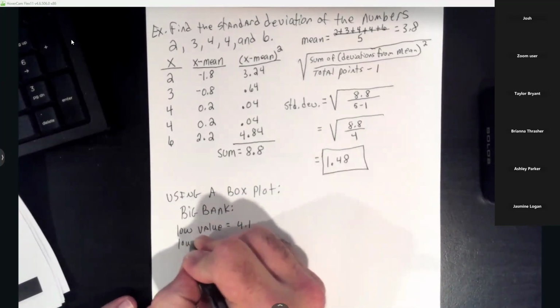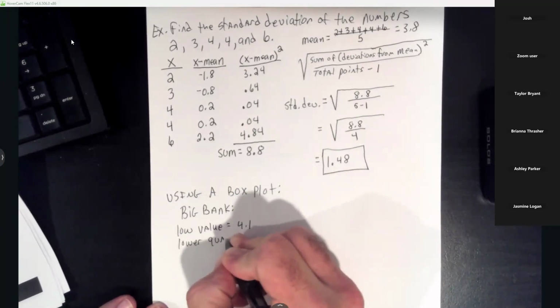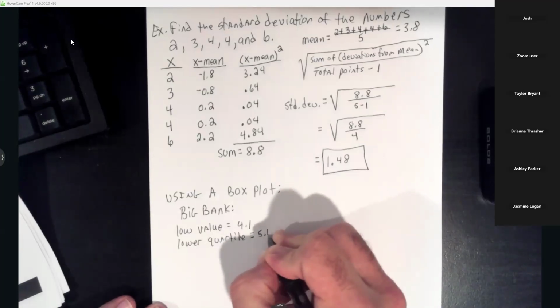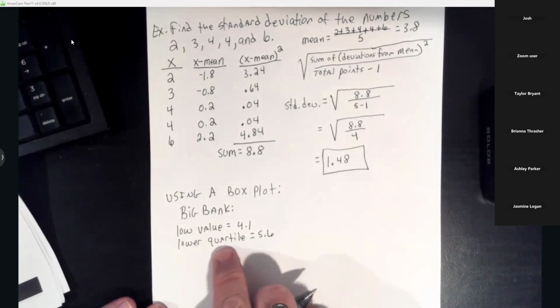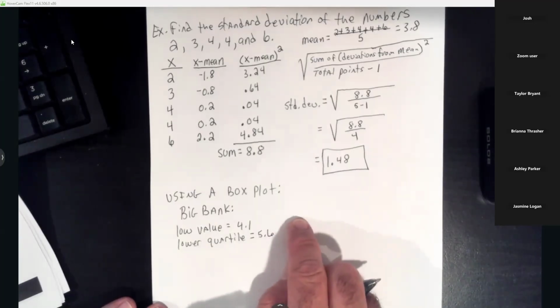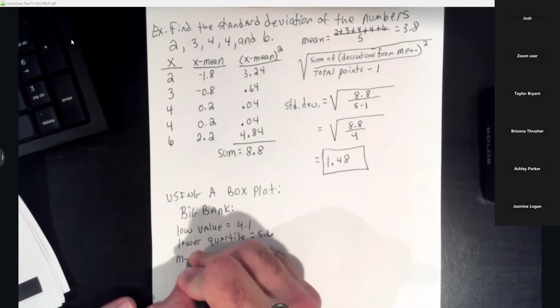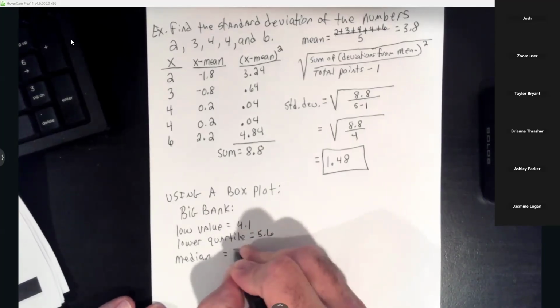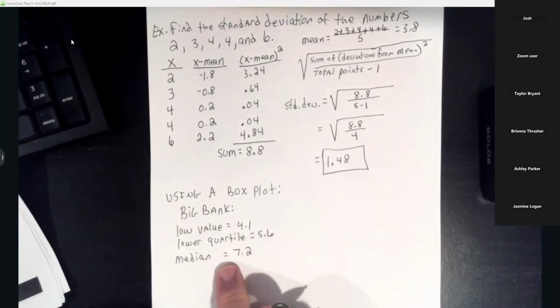The lower quartile they got was 5.6. So remember, the lower quartile was the median of the lower half. Their median was 7.2. So that was the middle of all the data.